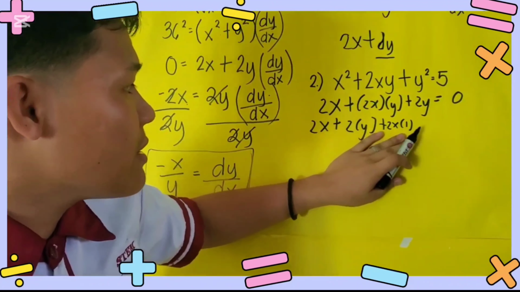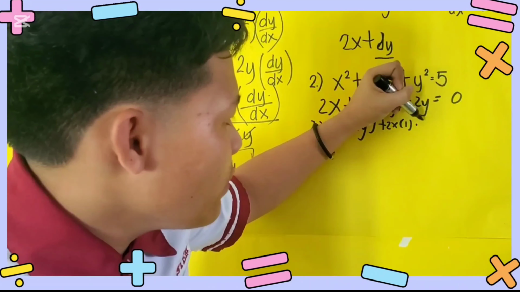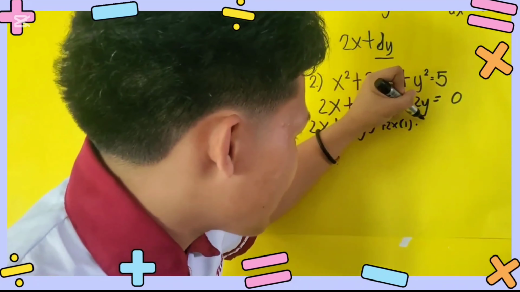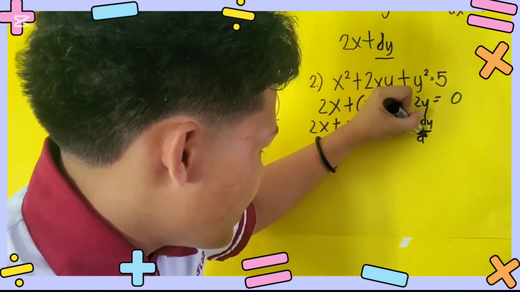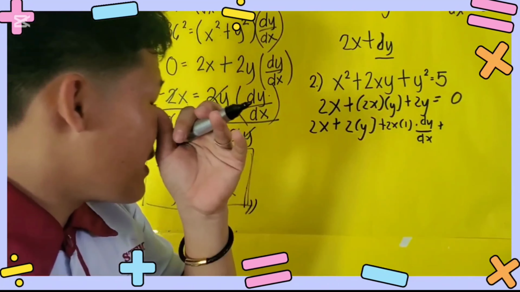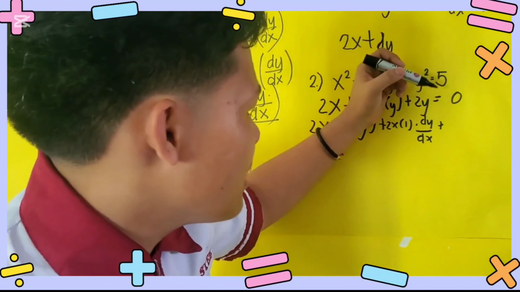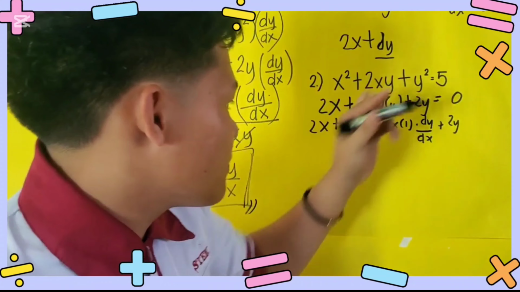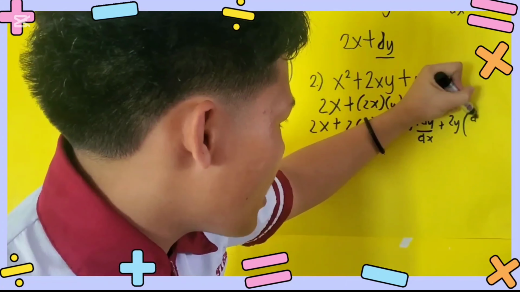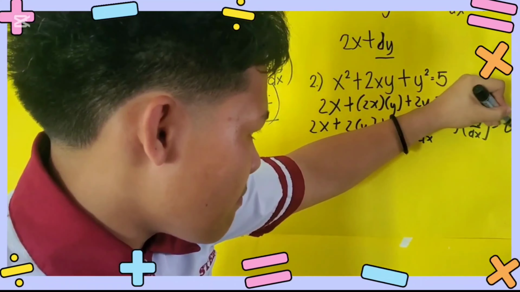Because this is a y value, it needs to be multiplied by dy over dx. Then this one is also a y value, so it also needs to be multiplied by dy over dx. Copy this one.